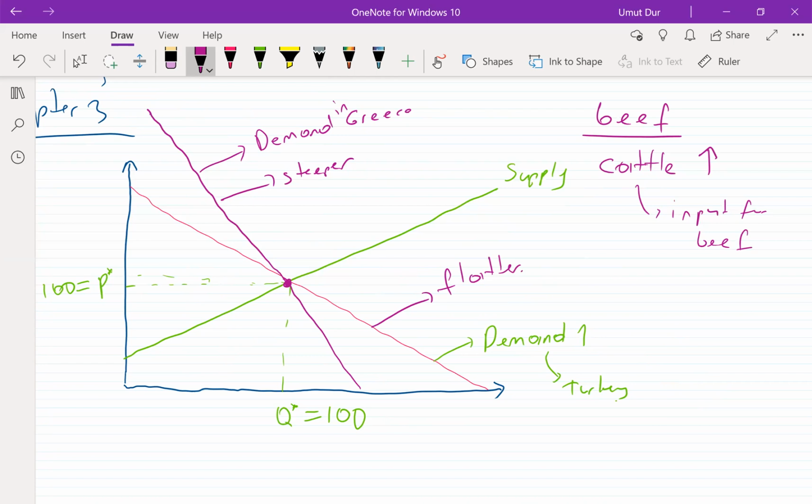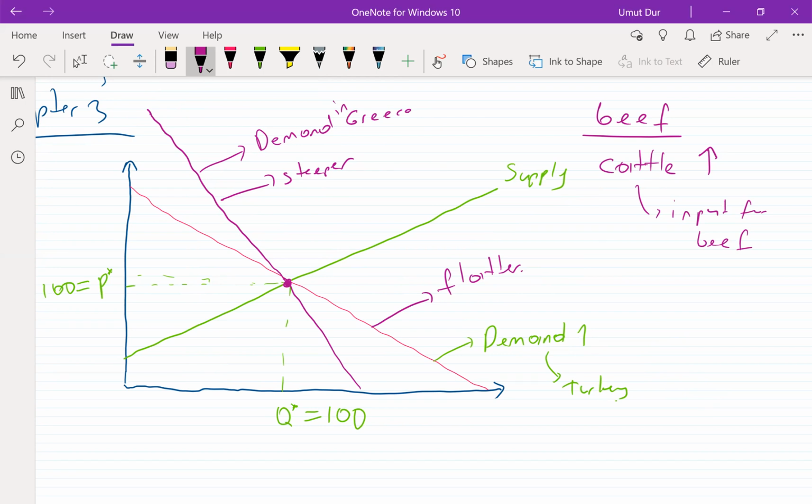If there is a shock to the input, what happens to the supply curve? It will shift. We are not sure whether it will shift to the right or to the left, but it will shift. How can we determine whether it shifts to the right or left? Let me think about it.